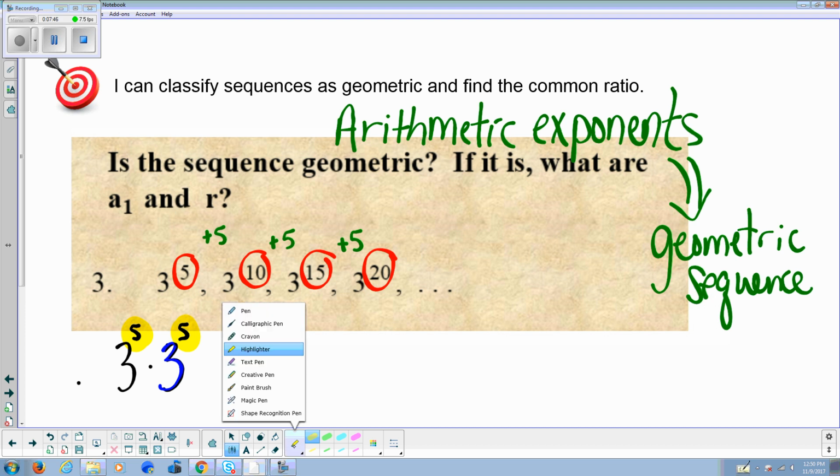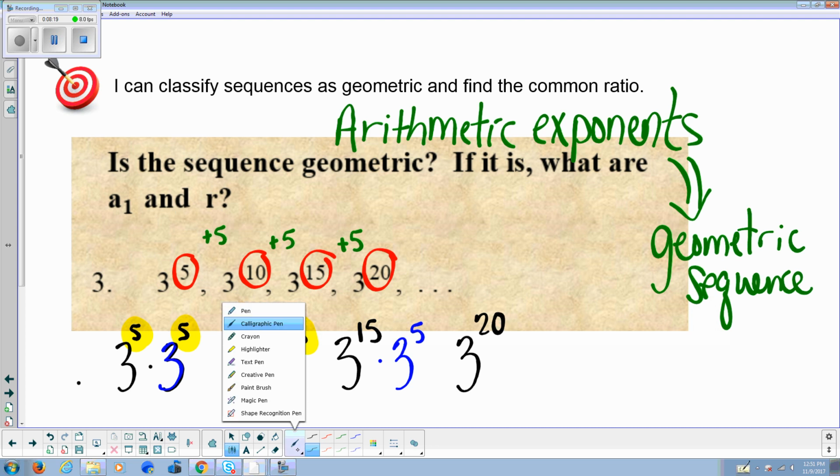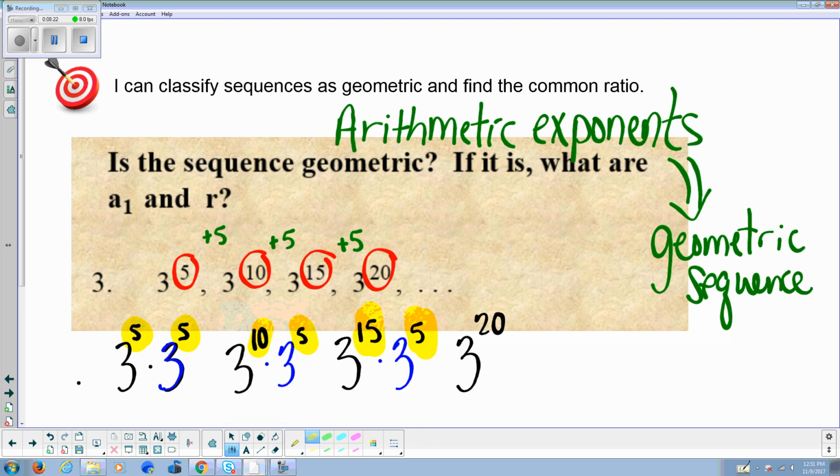If I take 3 to the 10th power and multiply by 3 to the 5th power, I will get 3 to the 15th power, because in multiplication, I add exponents of like bases. 3 to the 15th power times 3 to the 5th power would give me 3 to the 20th power, because in multiplication we add powers of like bases.